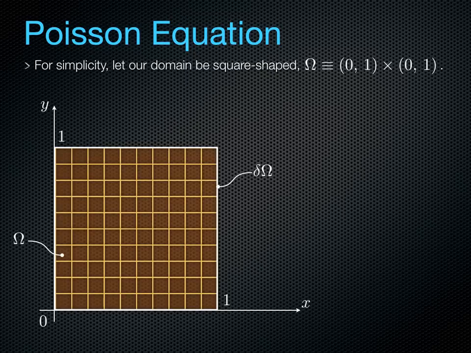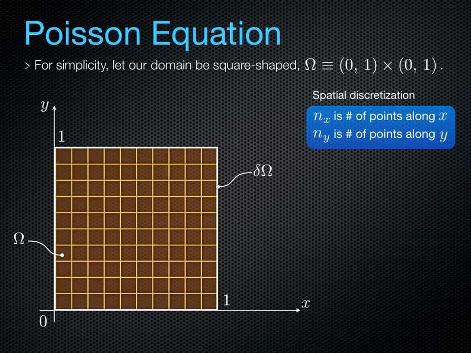Let's, for simplicity, assume that our domain is a square-shaped domain of size 1 by 1. Again, our domain is marked as omega. The boundary of our domain, the thick white line, is del omega. And we do a spatial discretization of this domain along x and y coordinates.